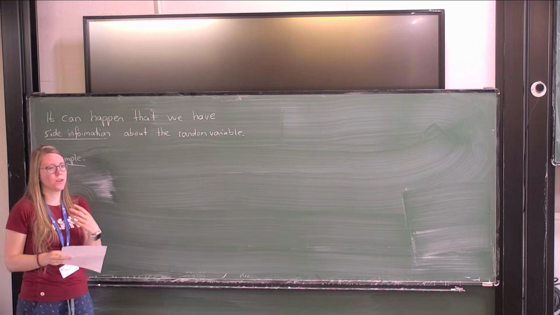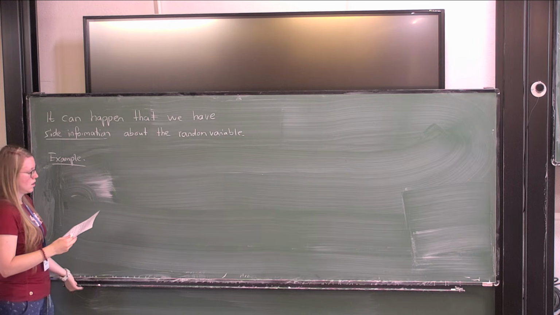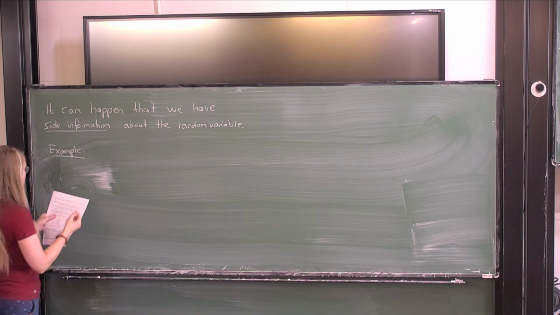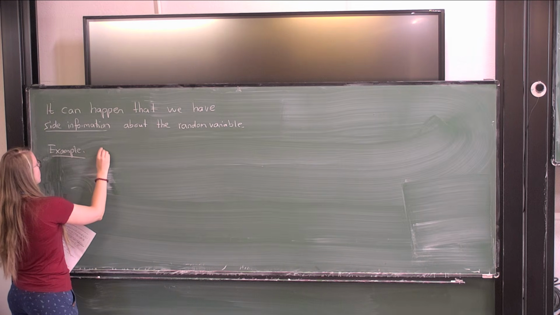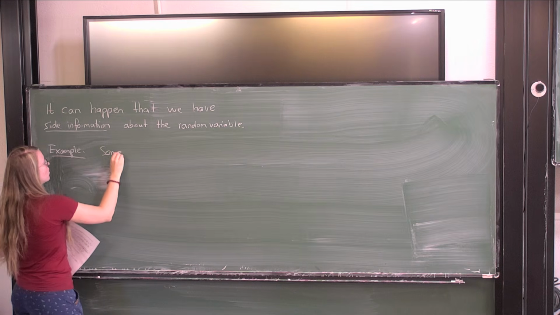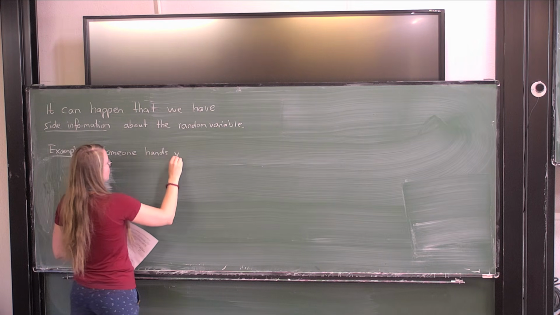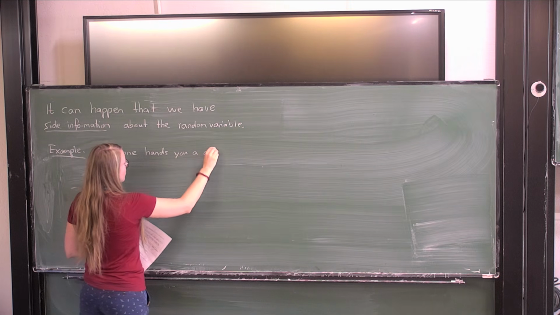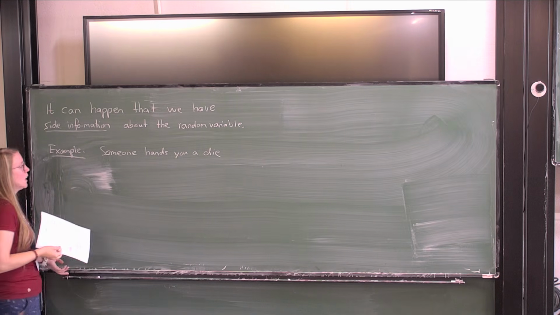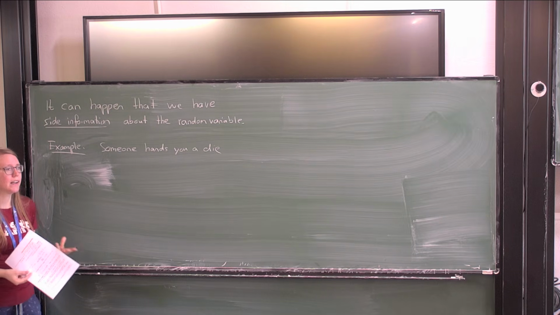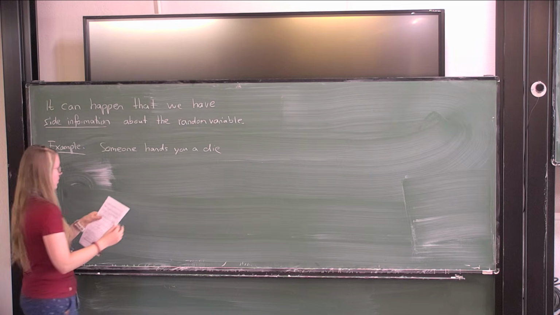So suppose someone gives you a die. One die with 6 different sides, 1 to 6. Someone hands you a die, and you know that it can either be a fair die, where all of the 6 outcomes are equally likely, or it can be a biased die.